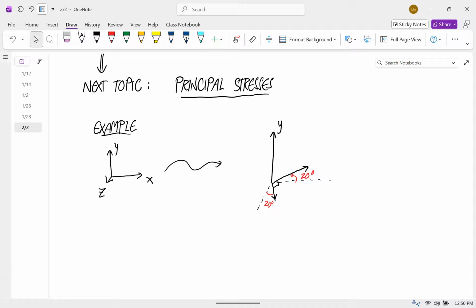So now this is the x, this is the z. And so our theta is going to be positive 20 degrees about the y-axis.